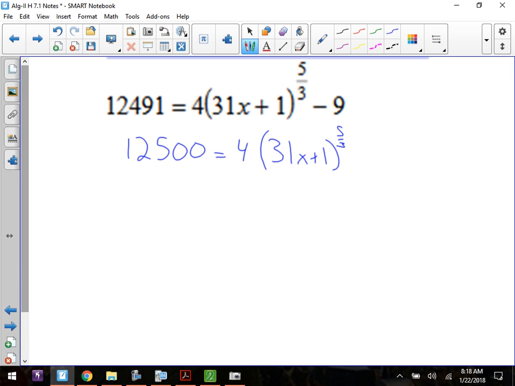You treat the stuff in the parentheses like you would just a variable x. You want to get that stuff by itself, so you have to move everything else first. So now what do you do? Divide by 4, what do you get? 3,125 equals 31x plus 1 to the 5/3.